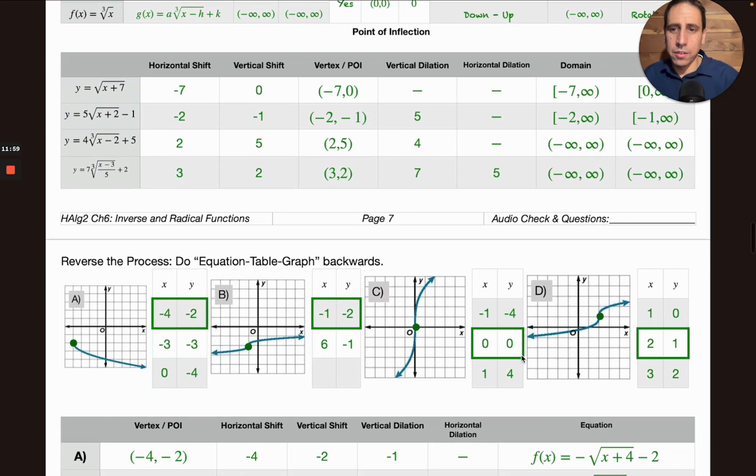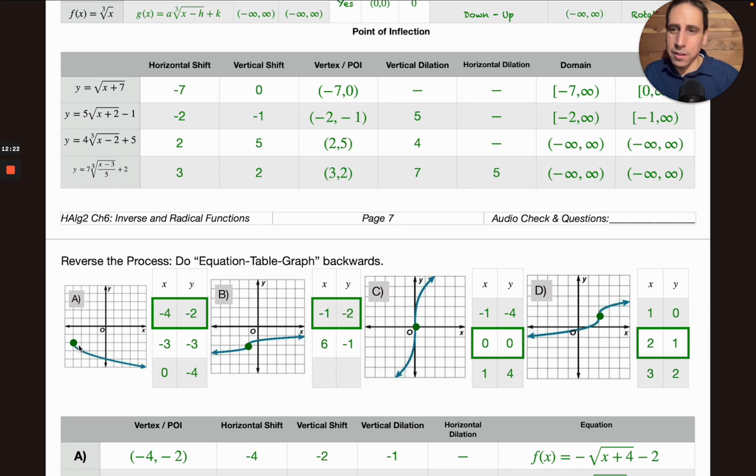So let's do graph A. Because the vertex is at -4, -2, that means it had to have a horizontal shift of -4 and a vertical shift of -2. Also, you can see that it's going down, whereas the parent function goes upwards like this, but here it's been vertically dilated by -1.